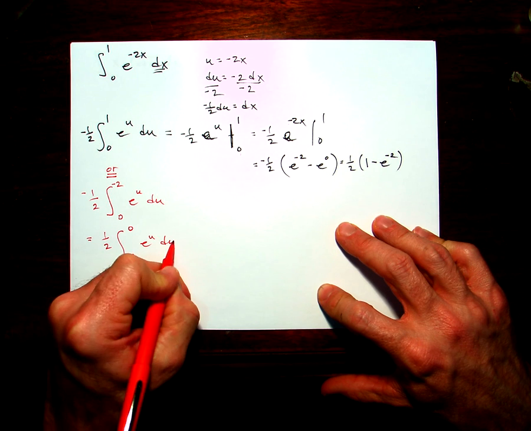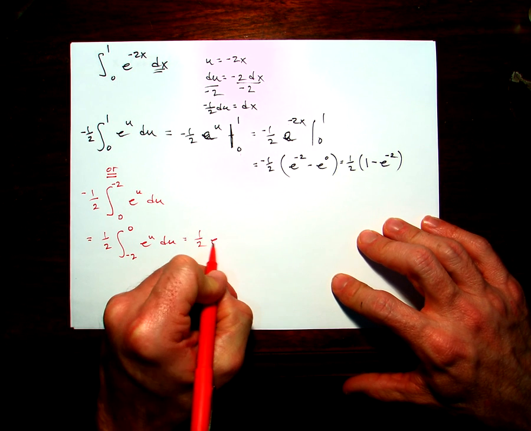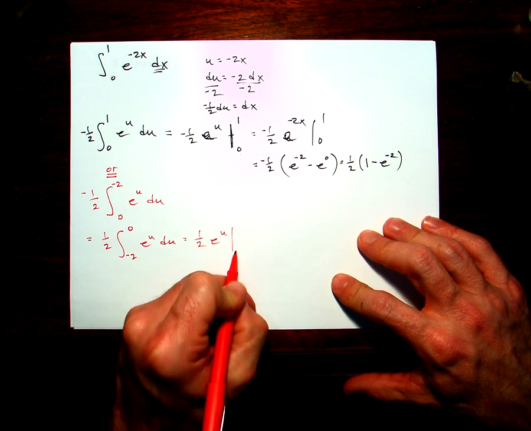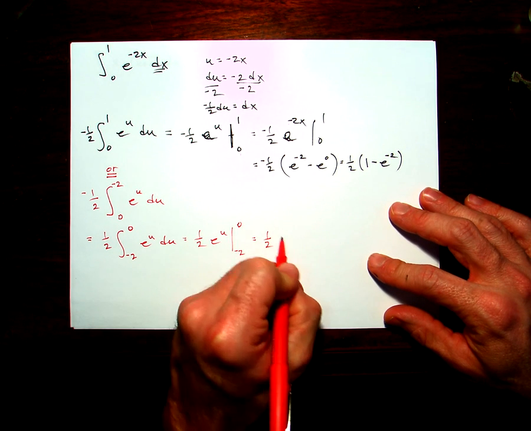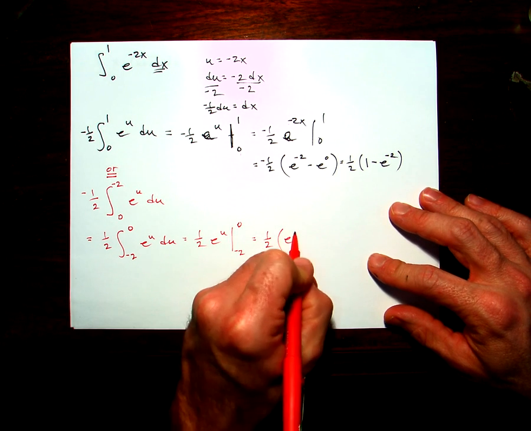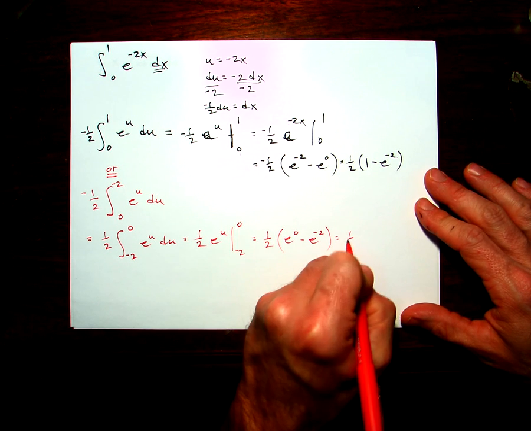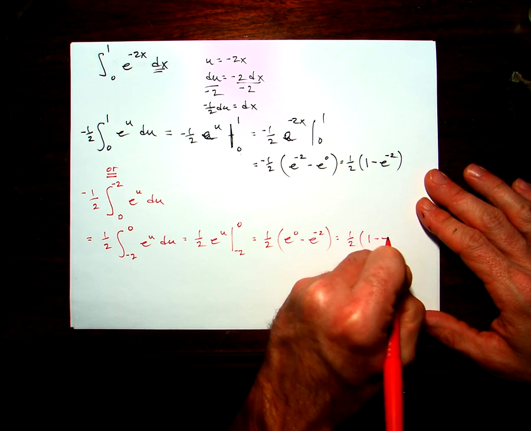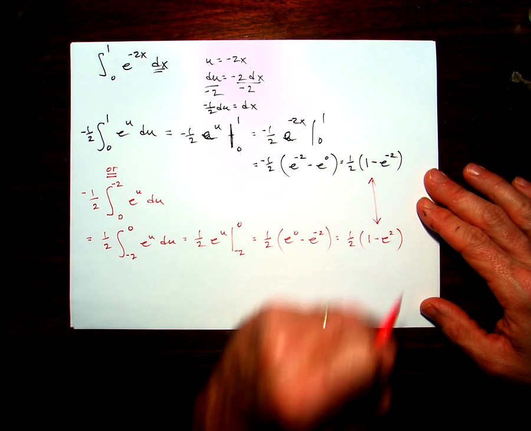e to the u du. So that's going to give me positive 1/2 e to the u, going from negative 2 to 0. So that's 1/2 times e to the 0 minus e to the negative 2, which is 1/2 times 1 minus e to the negative 2, which agrees with what we got before.